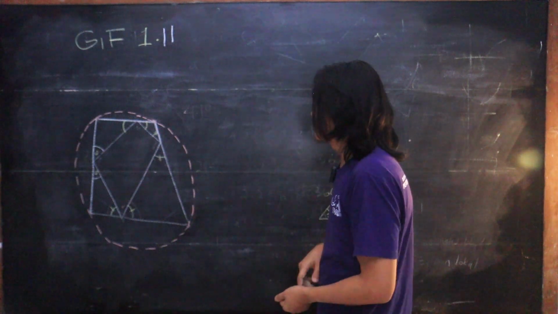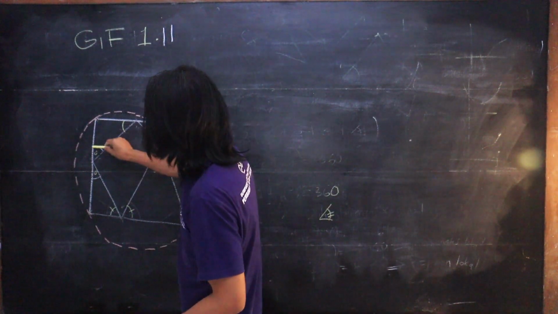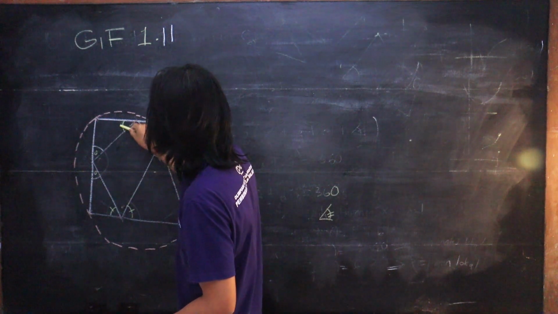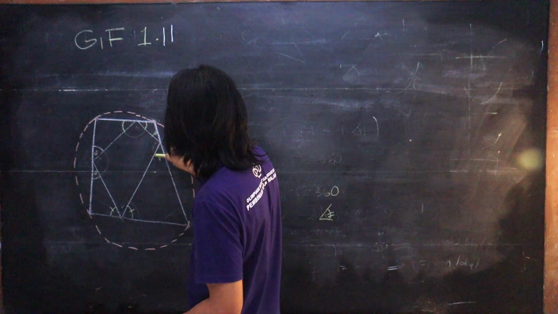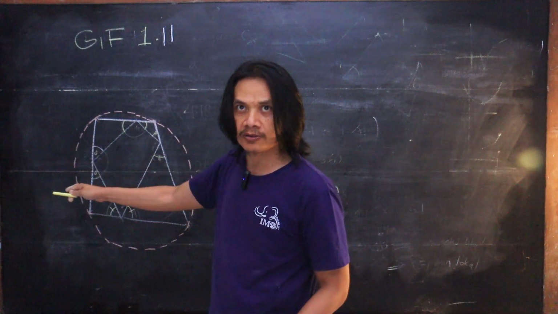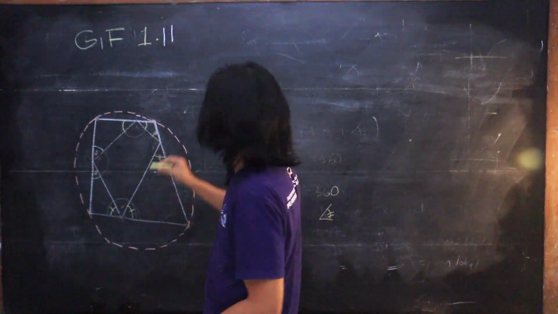Okay, let's continue. First look at this 180 degrees angle. This one, that one, that one, and that one. So those are 4 times 180 degrees, which is 360.